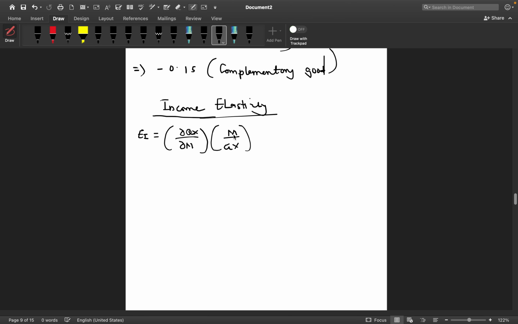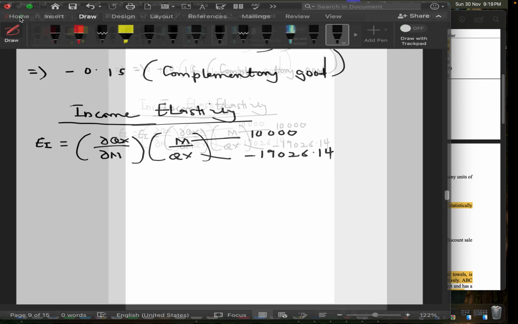QoS. They gave us M in the question. M in the question was 10,000. Now the QoS we solved from the question was minus 19026.14. Now with this side, as I said earlier on, we pick them from the question.